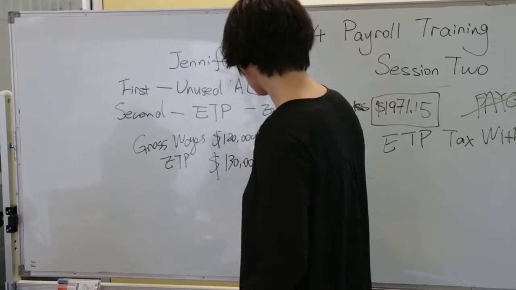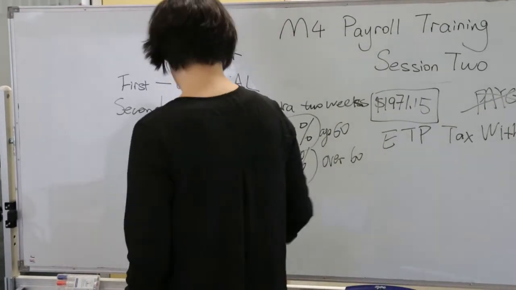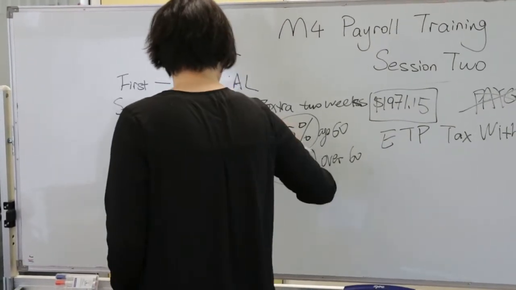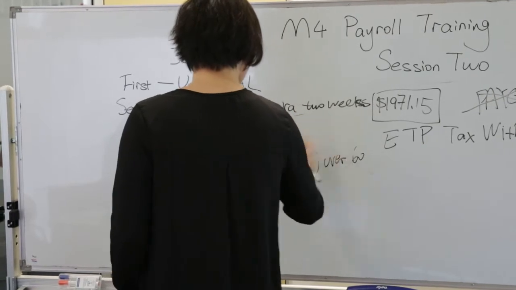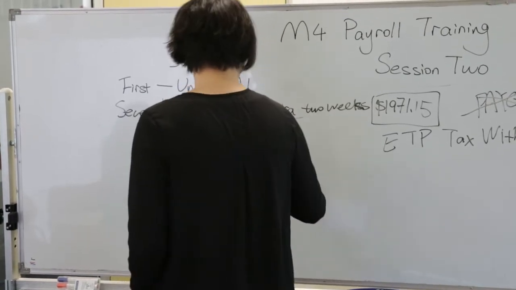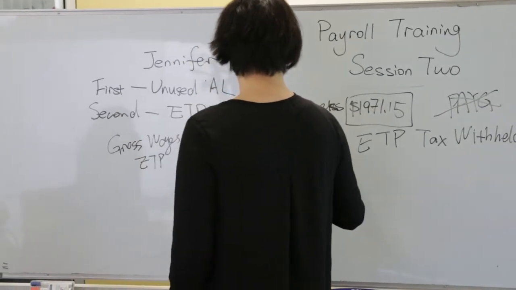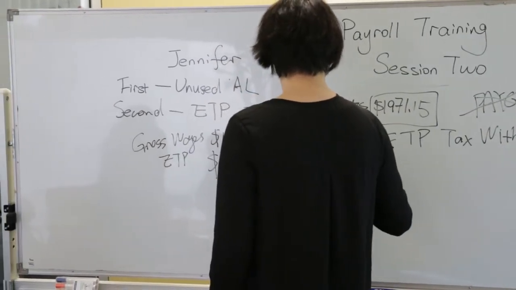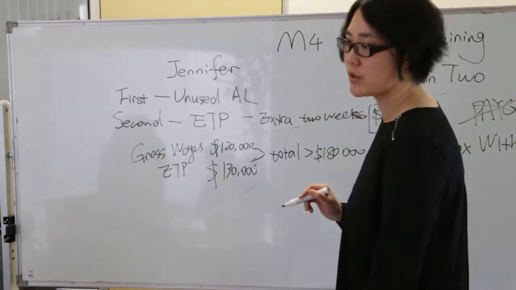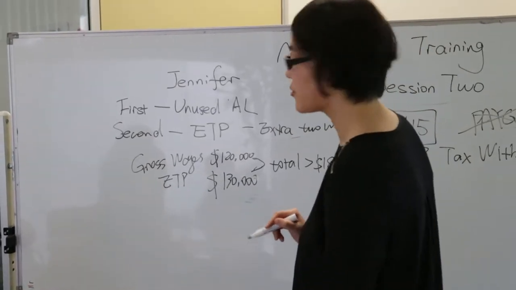So the total is already more than, over $180,000. So that would be a different tax rate.